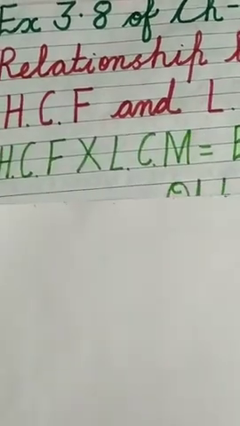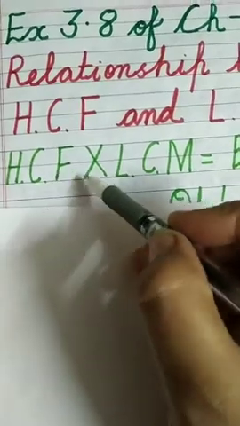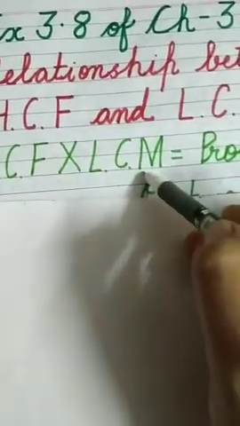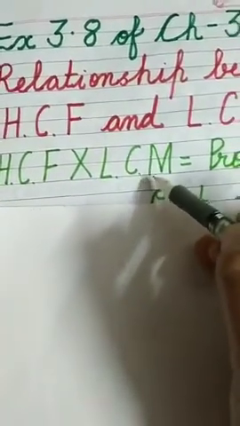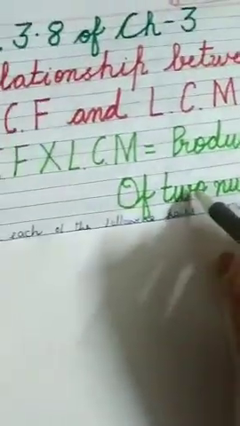Suppose any two numbers are given to you, then the HCF of the two numbers multiplied with their LCM is equal to the product of the two numbers.